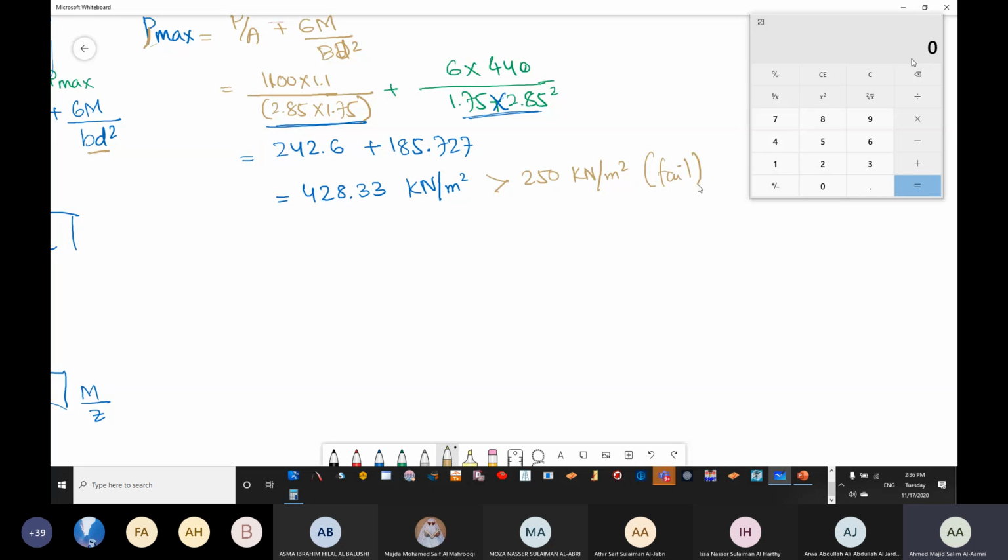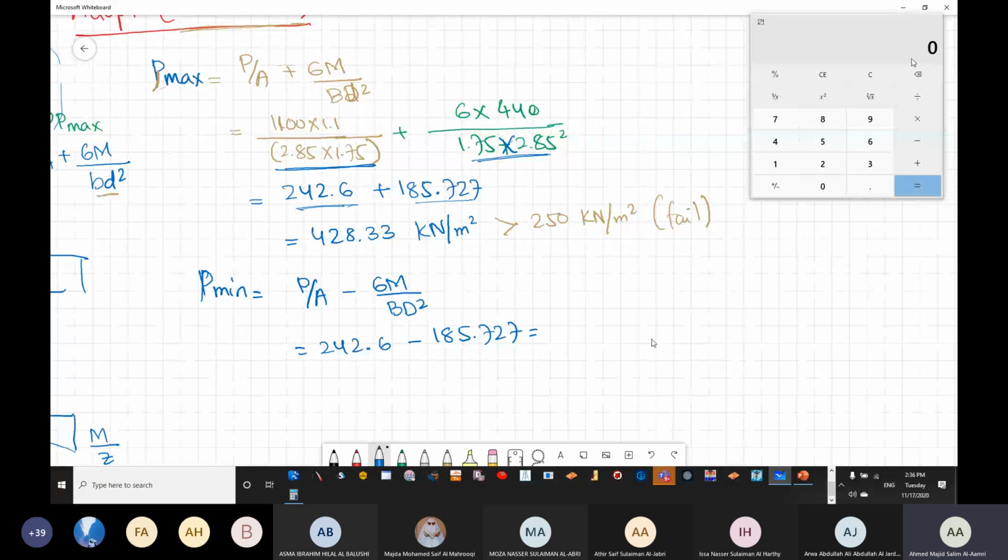So it fails. Now let us check for the minimum, P minimum. Since this is failing already, you need to change the area. But anyhow, just for the sake of completing this, P over A minus 6M over BD square, where P over A we just calculated as 242.6 and 6M over BD square we just calculated as 185.727. Is it clear now why I told you to calculate them separately?